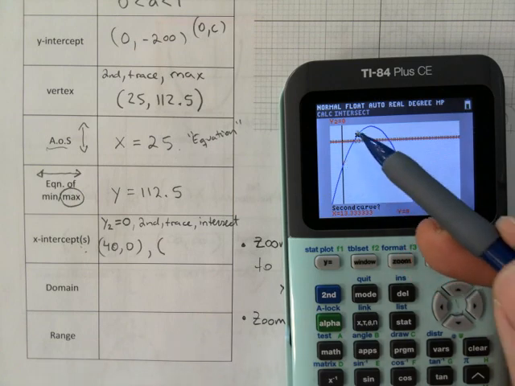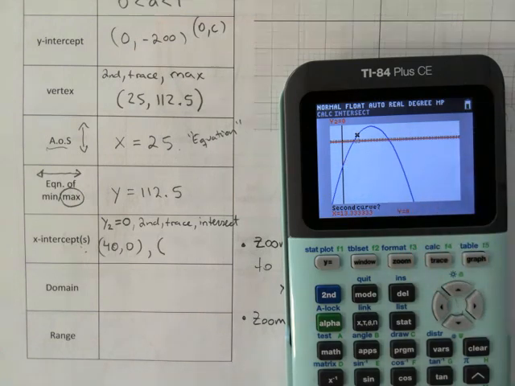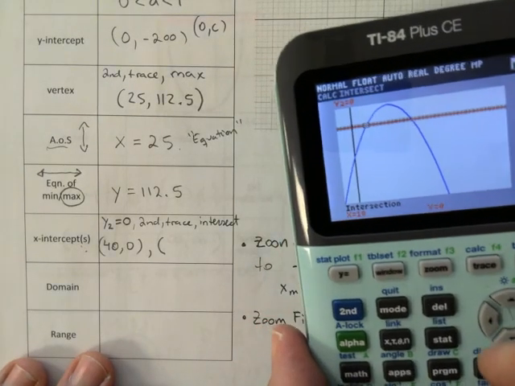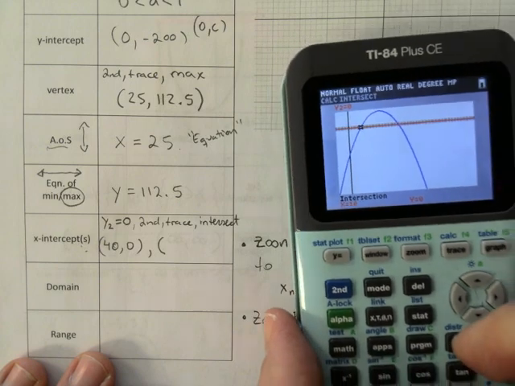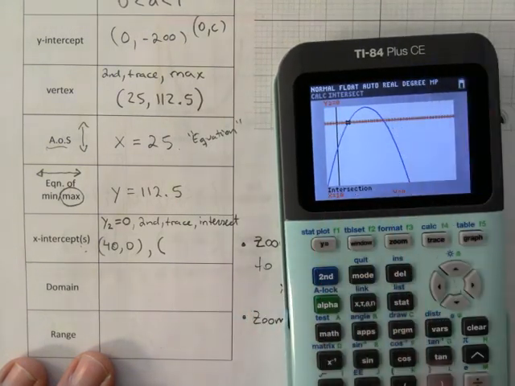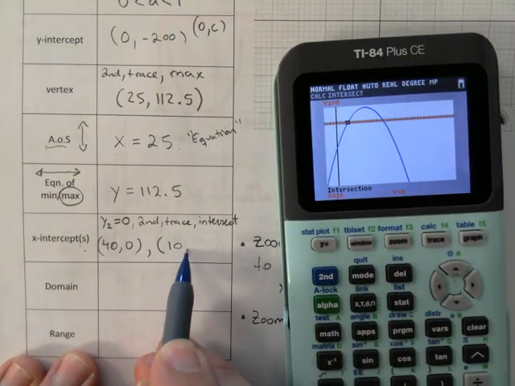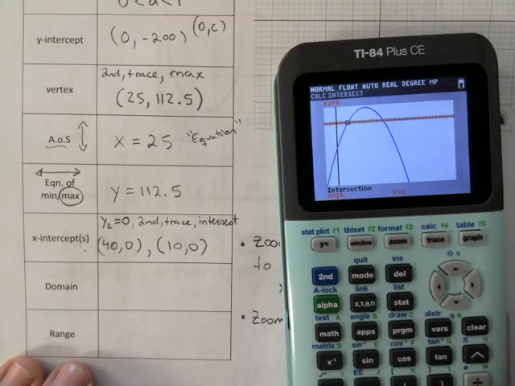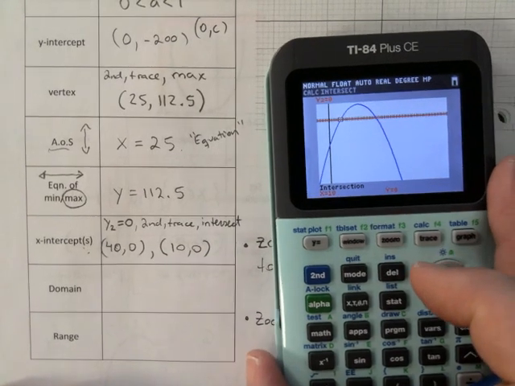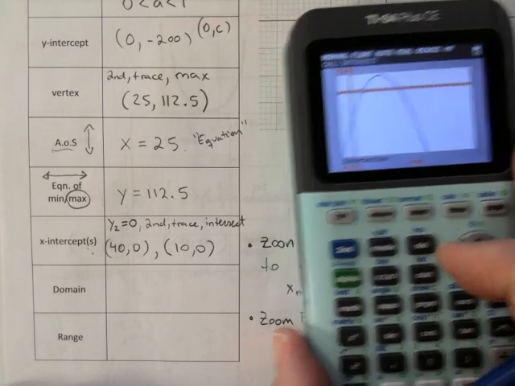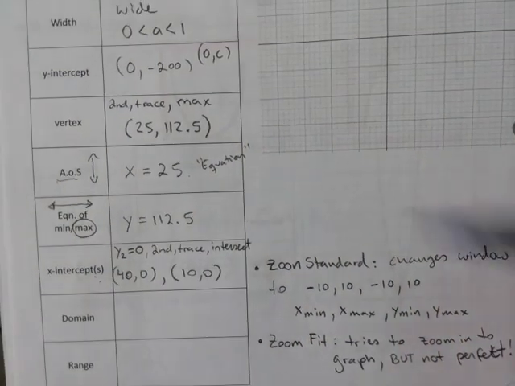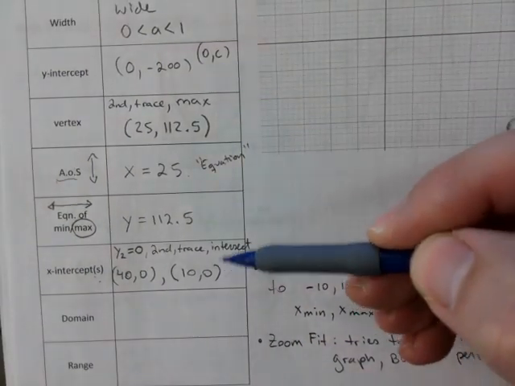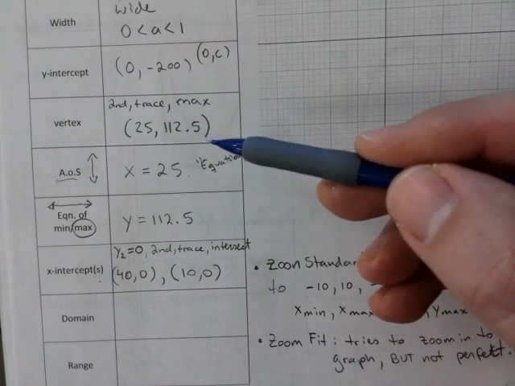So normally you just have to hit enter and then enter again. And enter one more time when it says guess. And you get, what is it, 10, 0? You should get 10, 0 at the bottom here. And we have the intercepts, we have the vertex, we're happy, right?